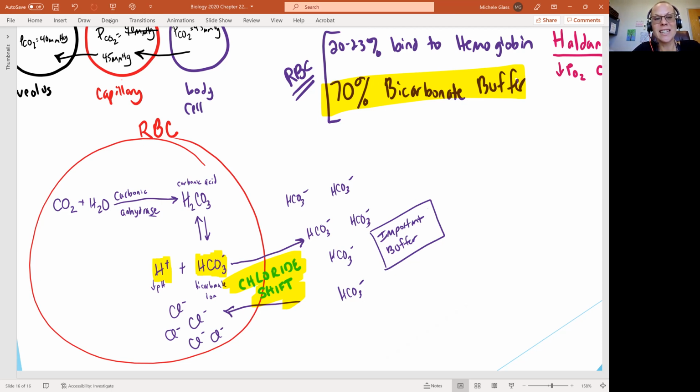And then you can just exhale your CO2 and you're left with water. No big deal. Or it can contribute hydrogen ion back. So buffers temporarily store hydrogen ions. It's going to be an important buffer, and we're going to talk about that when we talk about regulating pH.